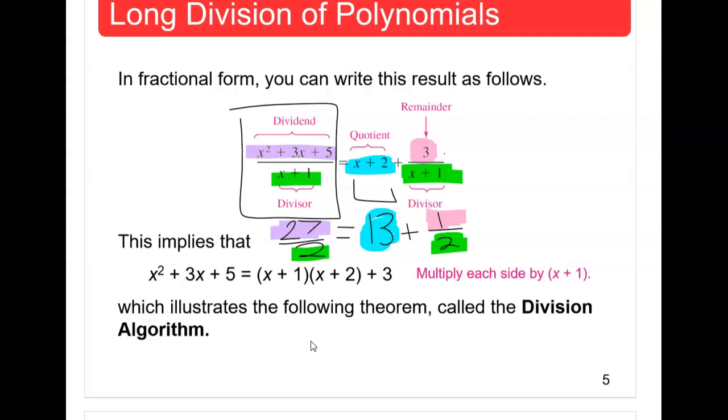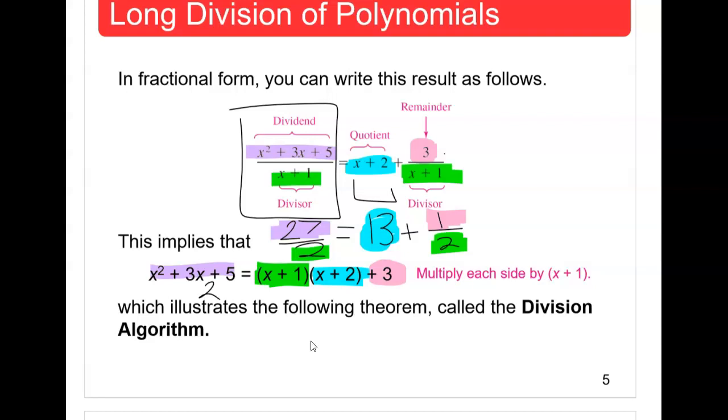So that implies that the dividend, which is here, is equal to x plus 1, which is the divisor, times the quotient, which is here, and then plus 3, which is the remainder. So I'm going to write the same, but with our example with numbers.